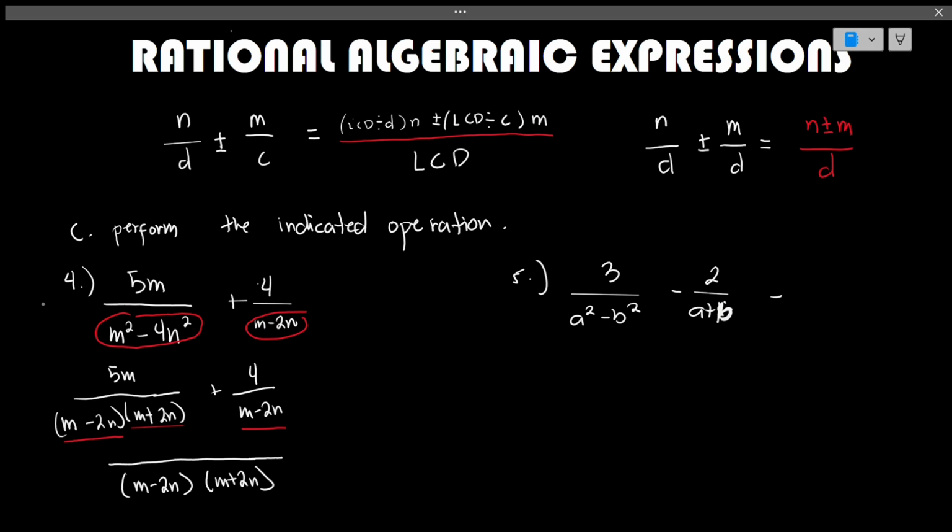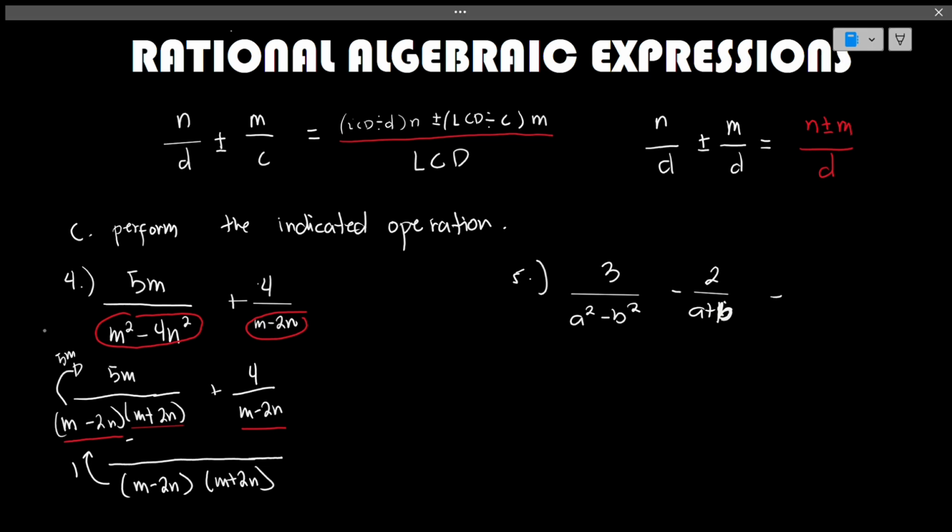Then, let's do the same thing here. LCD divided by denominator, then multiply to numerator, and we do this to both fractions. So LCD divided by the denominator, we can cancel m minus 2n and also m plus 2n, which will give us 1. Then 1 times 5m is 5m.